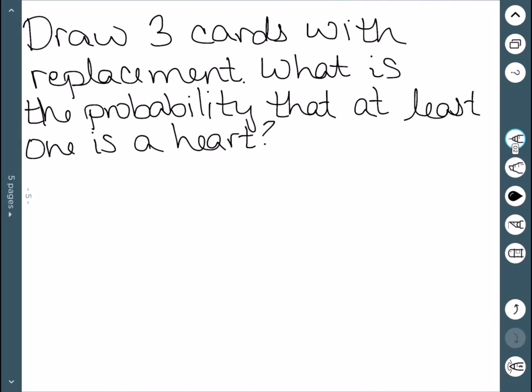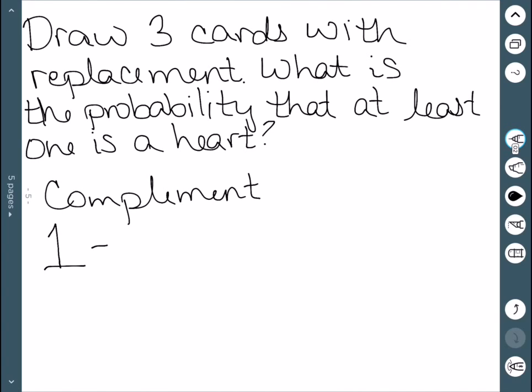That can be complicated. Instead, we're going to use the complement. And just a reminder, the complement of an event is everything that's not that event. If my event is to draw at least 1, if I don't satisfy that, that means I drew none. So I can just do 1 minus the probability of drawing no hearts.